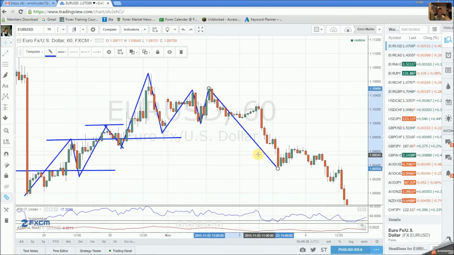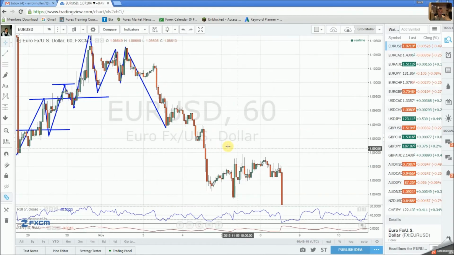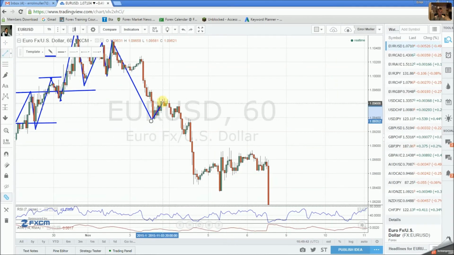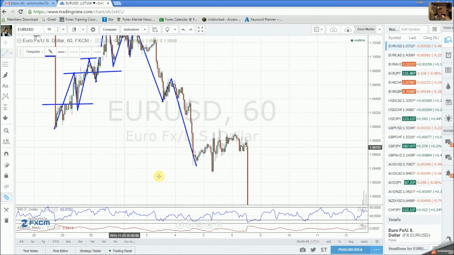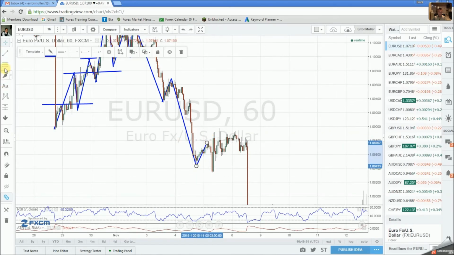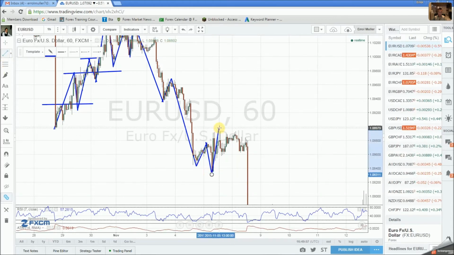As you can see here, we broke down to the downside. We got a small retracement and we managed to move lower. From there, we got a small retracement, we put in a new structure low, and the market moved up again.